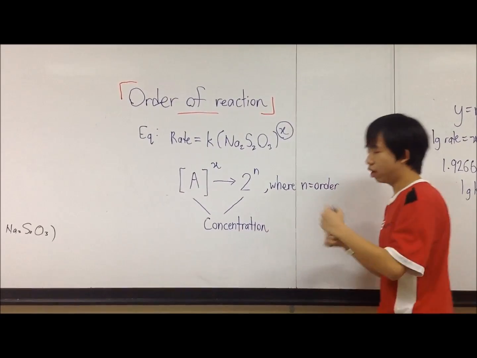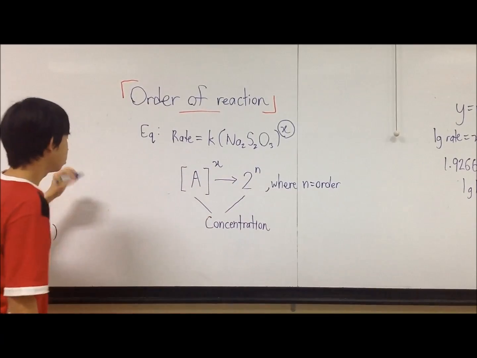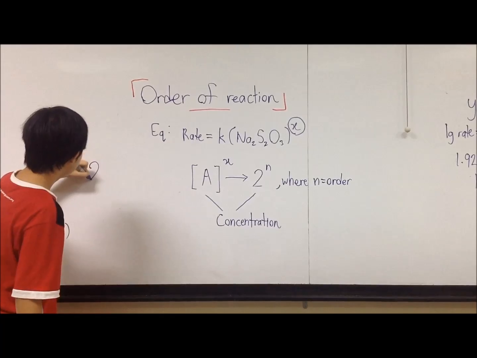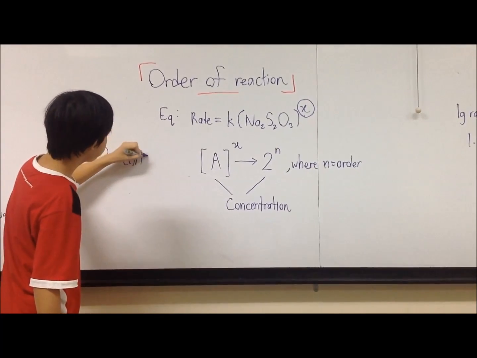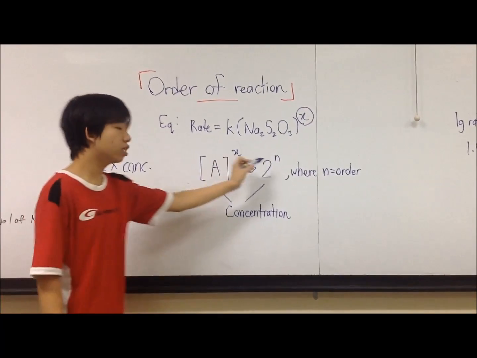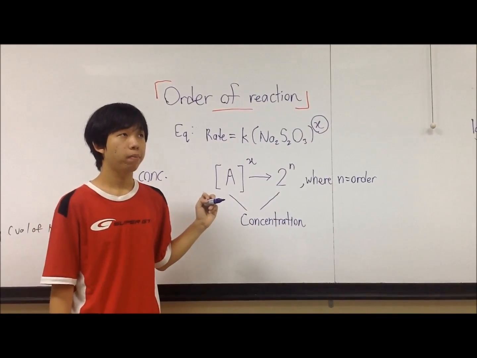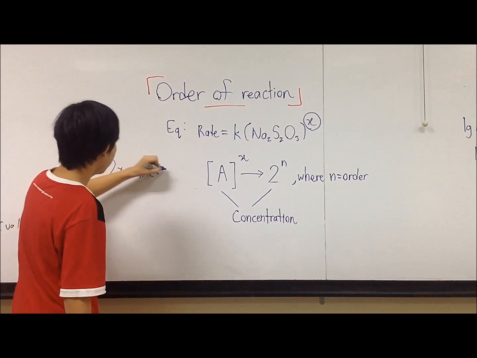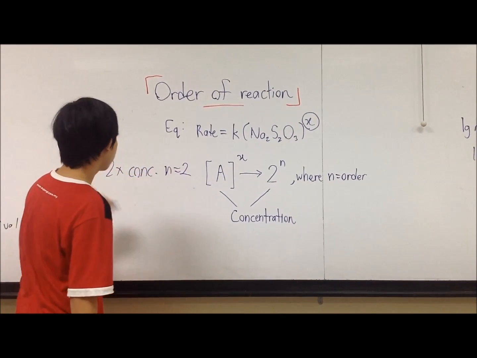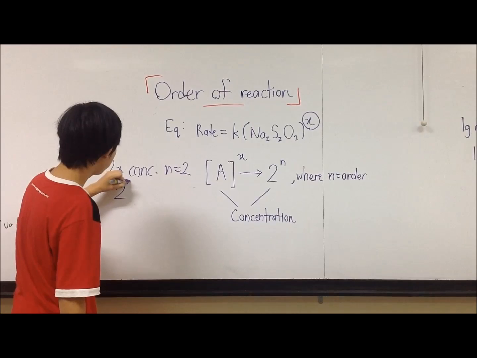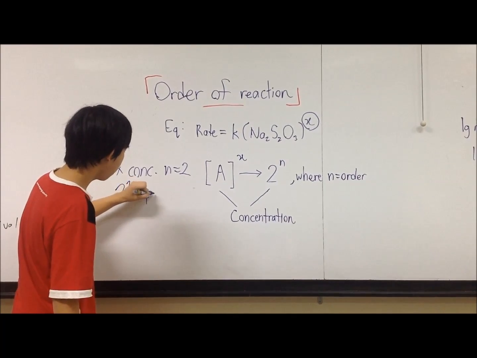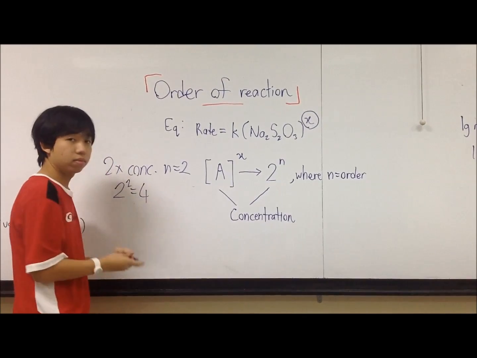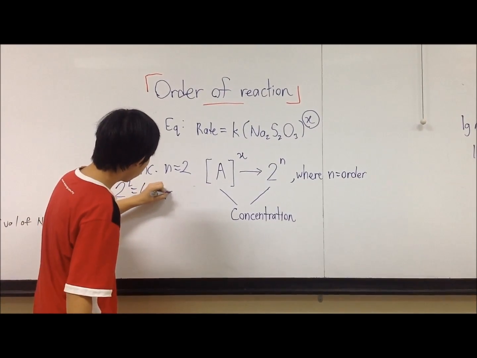So, for example, let's say our concentration is 2 times. 2 times concentration, if the order is, let's say, 2, what will happen is it will result in a 4 times rate.